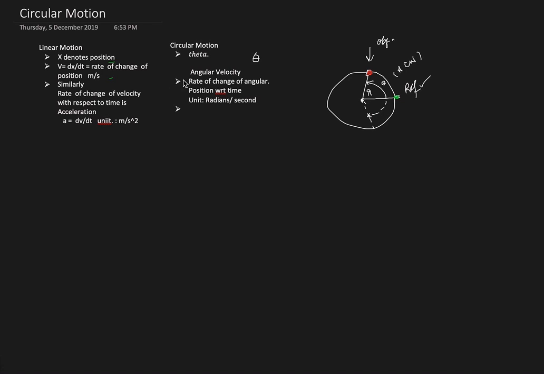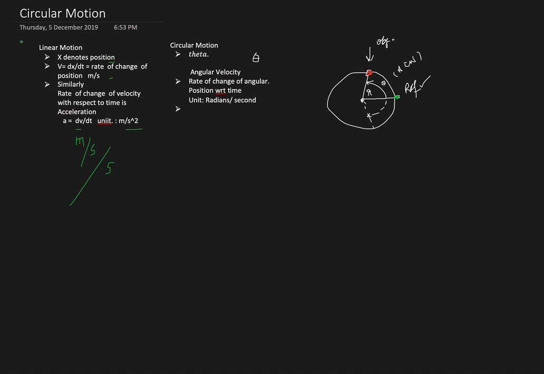Just like velocity was defined as the rate of change of position, similarly we can define acceleration as the rate of change of velocity with respect to time. And the units will be velocity, that is meter per second, divided by per second, so it will be meter per second square.